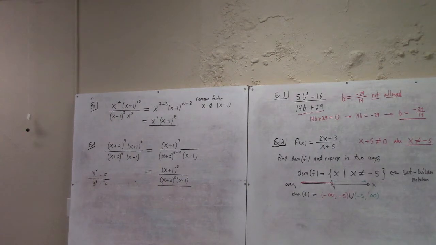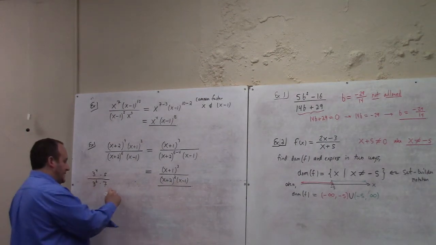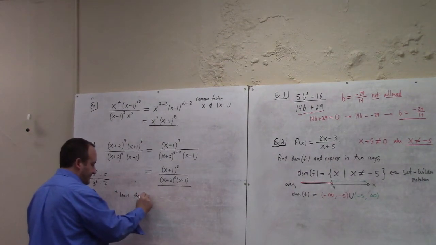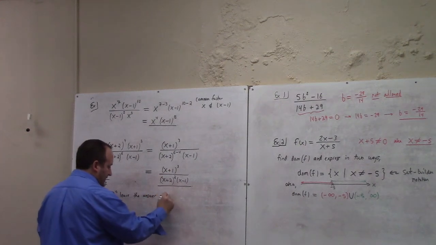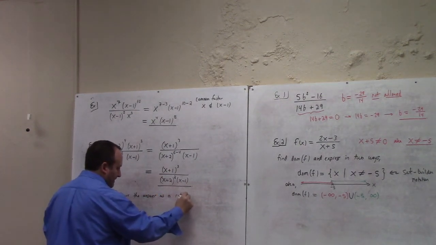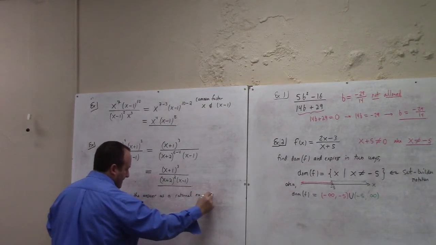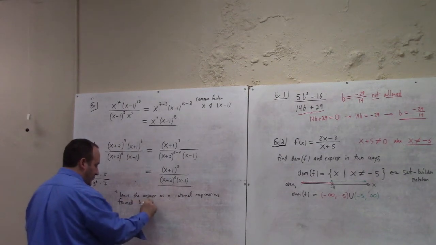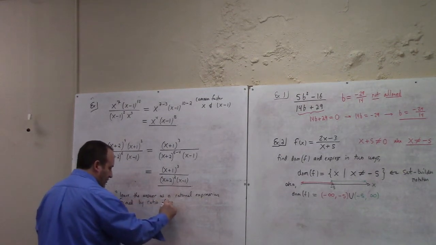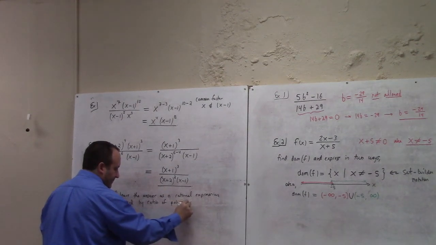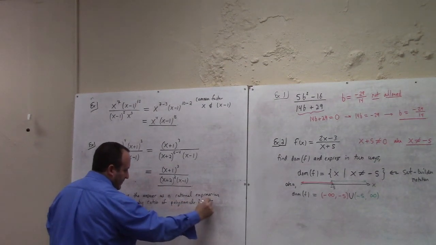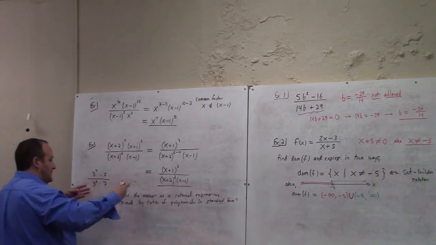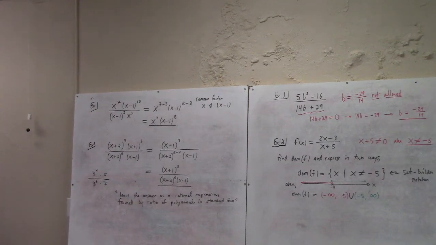So if the instructions were as follows: leave the answer as a rational expression formed by a ratio of polynomials in standard form, then we wouldn't be done.